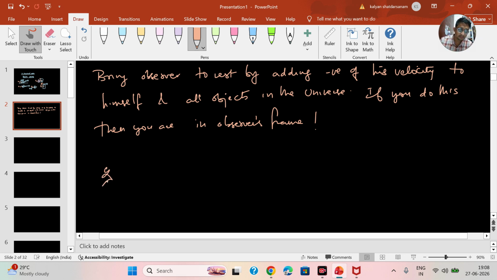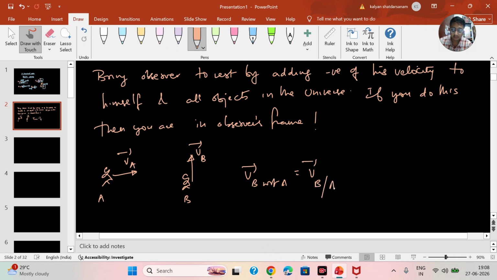So suppose there is observer A, he has velocity VA. There is observer B, he has velocity, let us say, in some other direction, maybe. Now I want velocity of B with respect to A. Sometimes it is also written as velocity of B with respect to A, or simply VBA they write. So with respect to A means A is the observer.